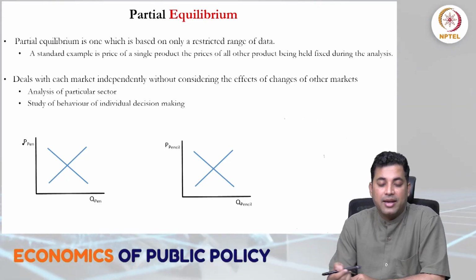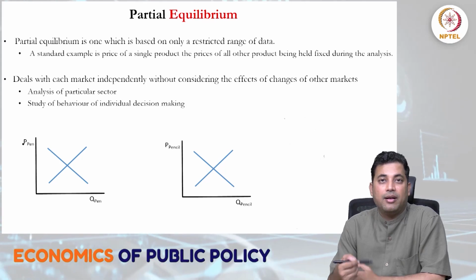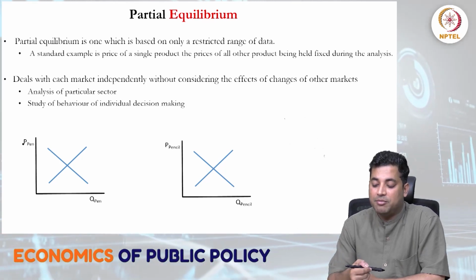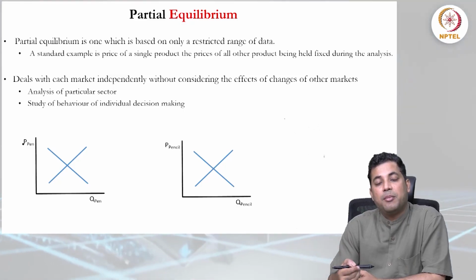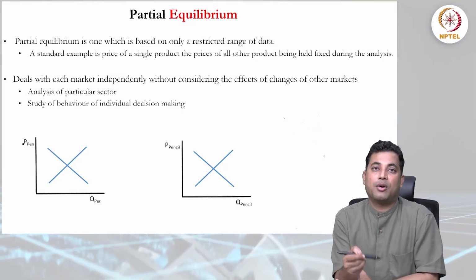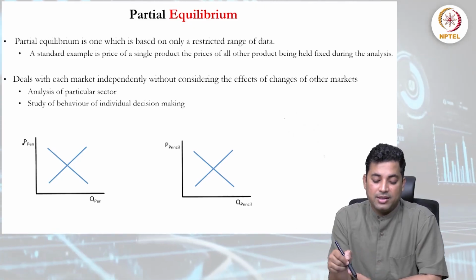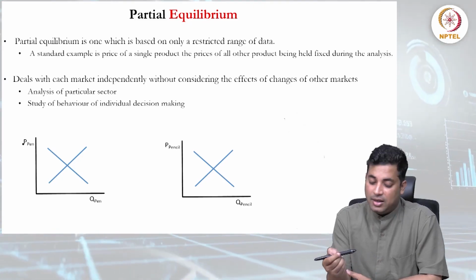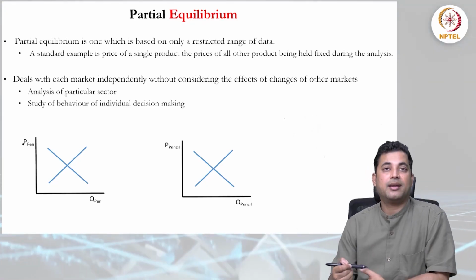An example is the price of a single product, with the prices of all the other products being fixed during the analysis. So trying to understand price determination for one particular commodity in one particular economy will be considered as partial equilibrium. That is dealing with one commodity, one sector at a time.